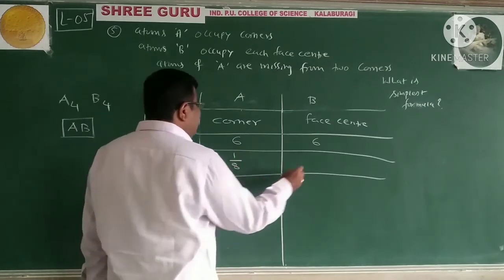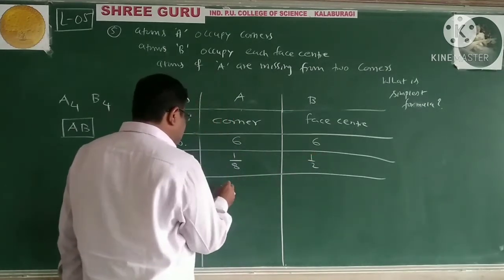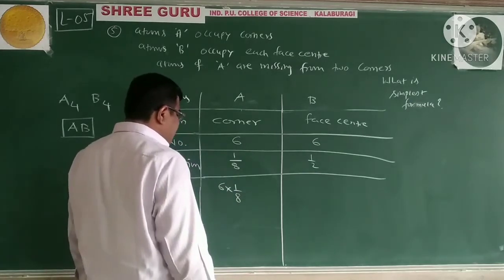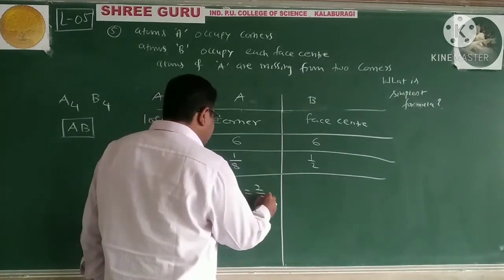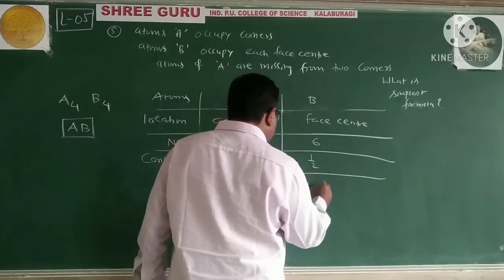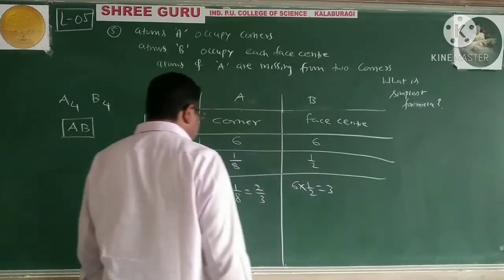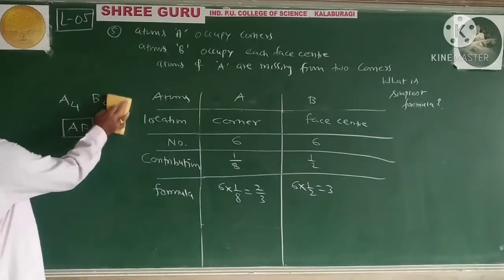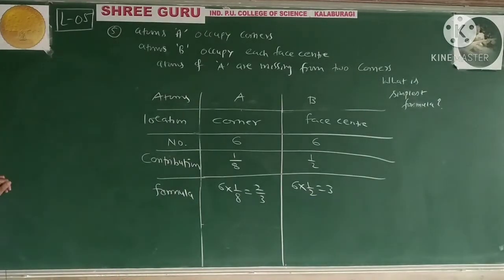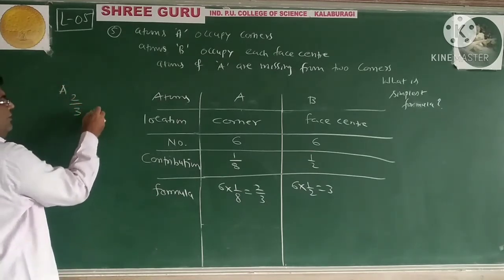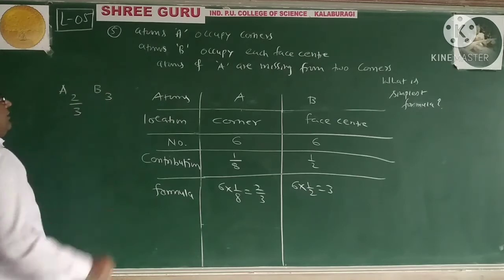Contribution is 1 by 8, 1 by 2. 6 into 1 by 8 equals 3 by 4, and 6 into 1 by 2 equals 3. So A is 3 by 4 and B is 3.